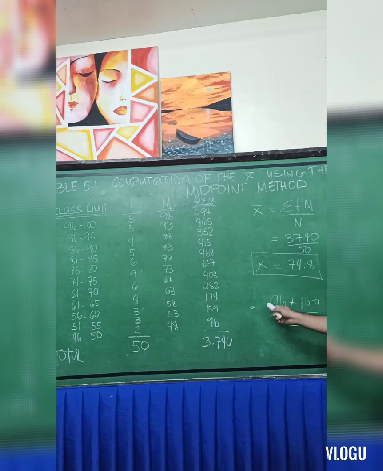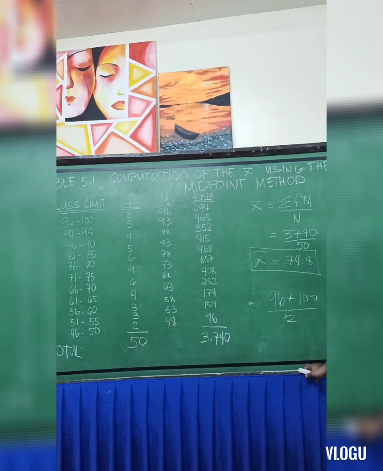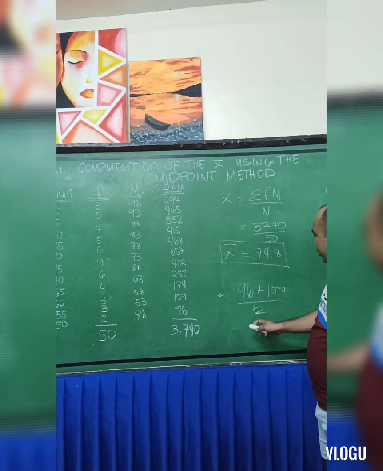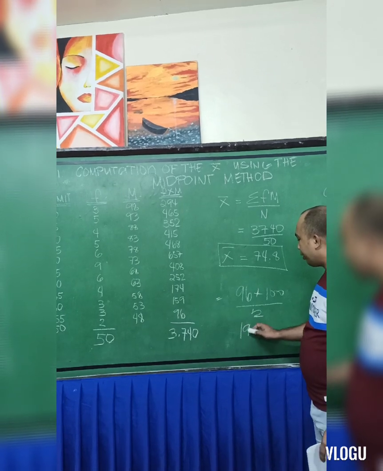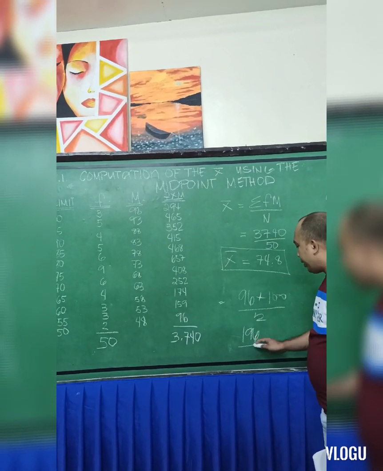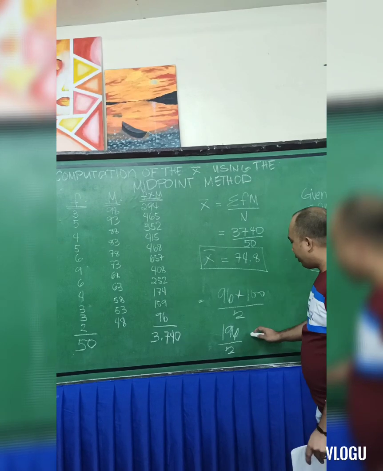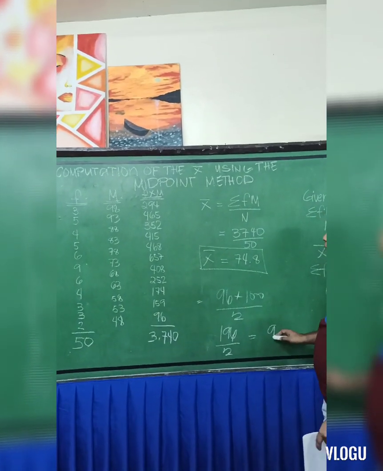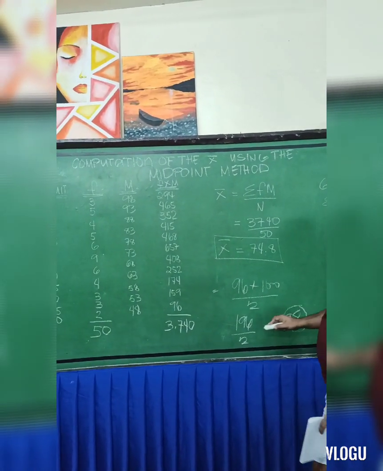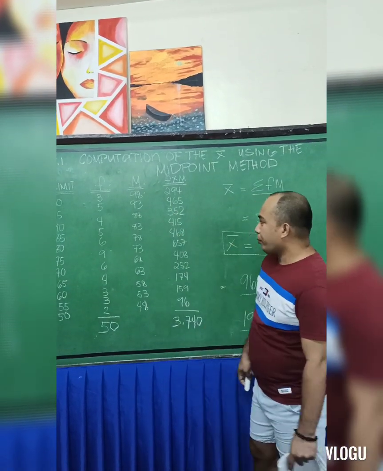This is how we get the midpoint. 96 plus 100 is equal to 196. Divided by 2, we get the midpoint of 98. That's why we have 98 here.